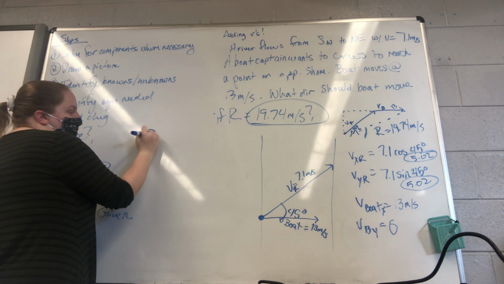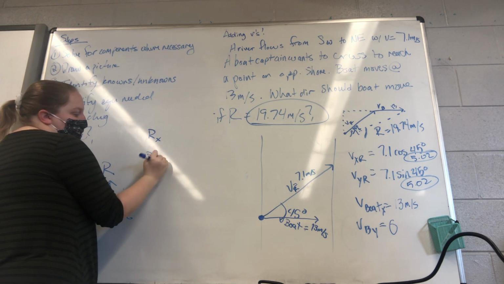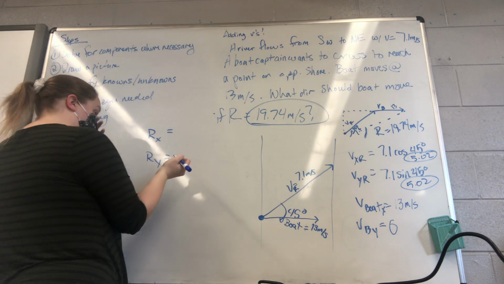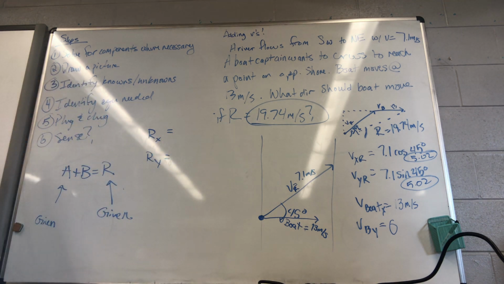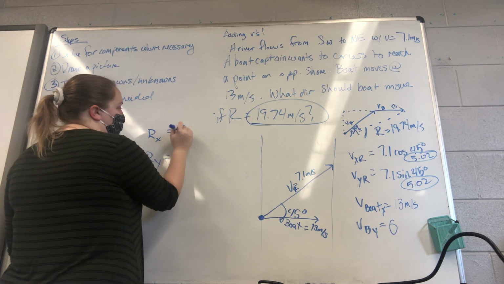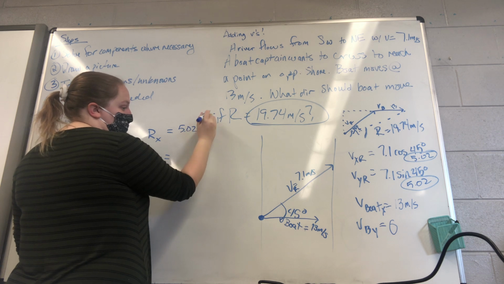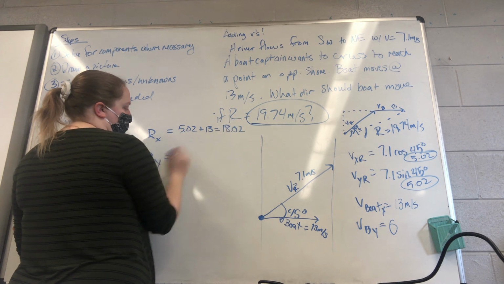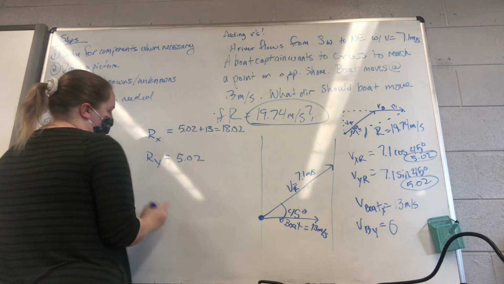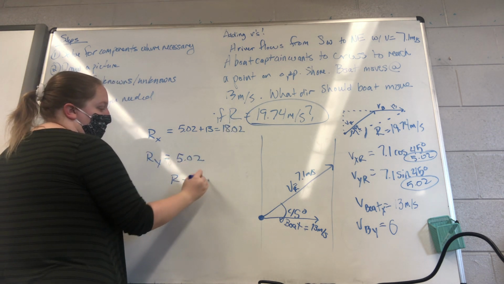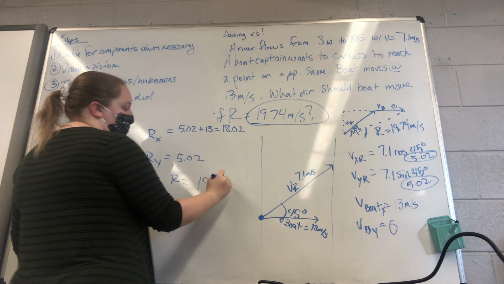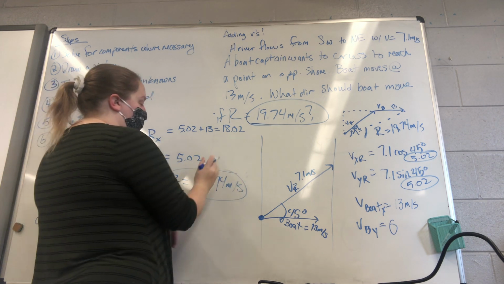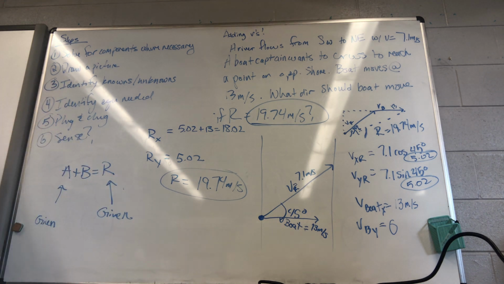So now let's do R_x and R_y. So R_x should be... technically, R should come out to be 19.74 meters per second. That's what we were told. Boy, I hope it kind of does.